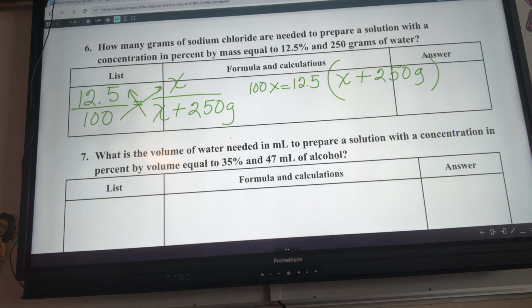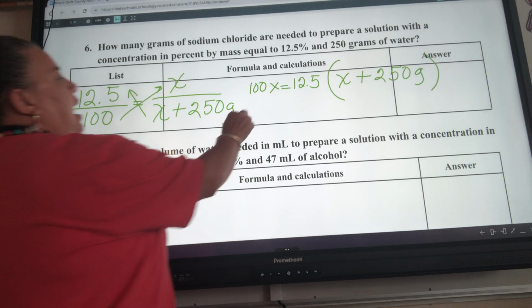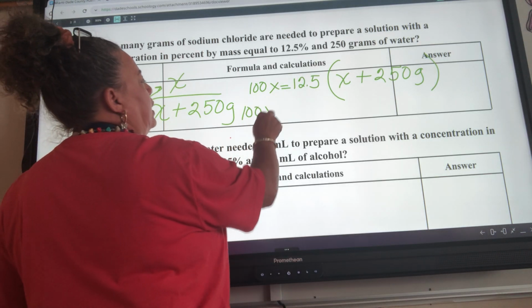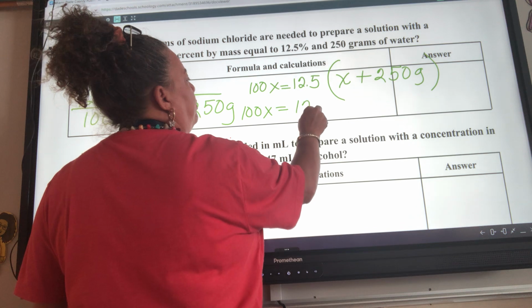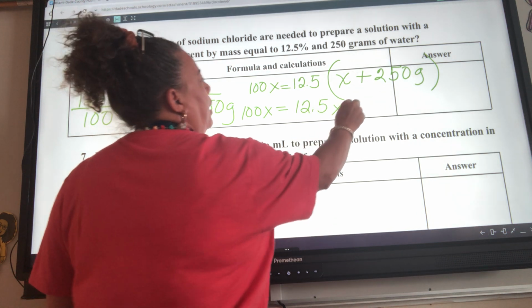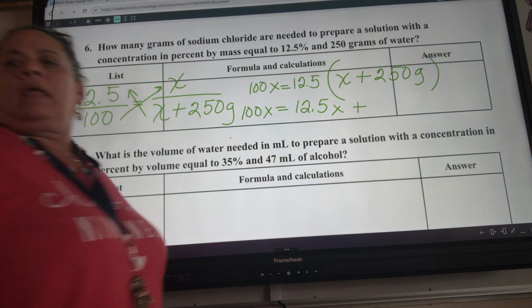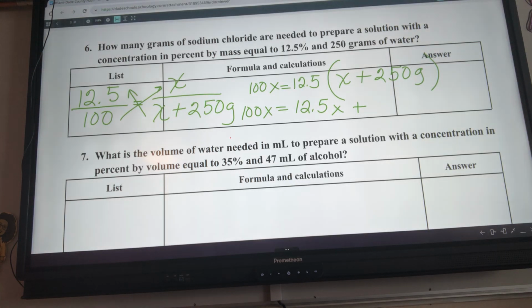When you have a parenthesis, what do you do? You have to apply the distributive property. So I have 100x equal to 12.5x plus, get your cell phone. What is the multiplication of 250 times 12.5?